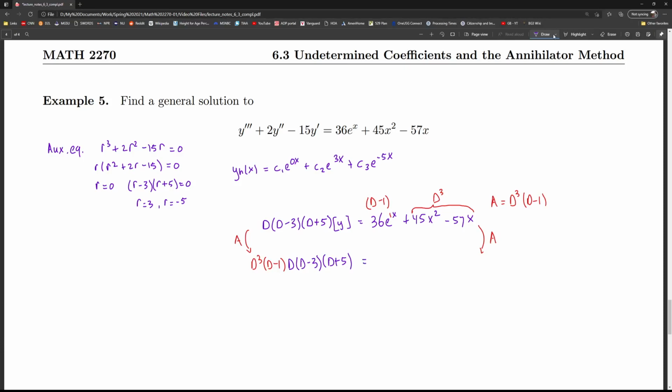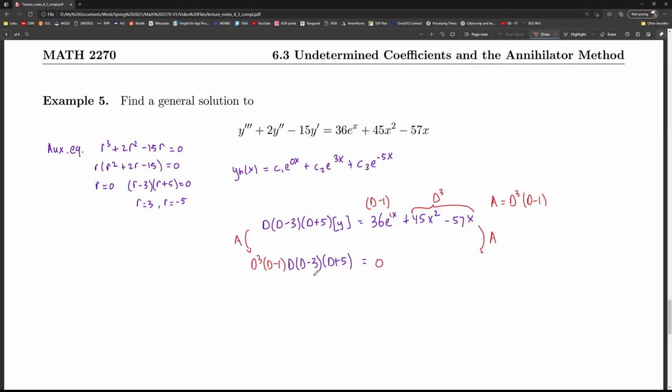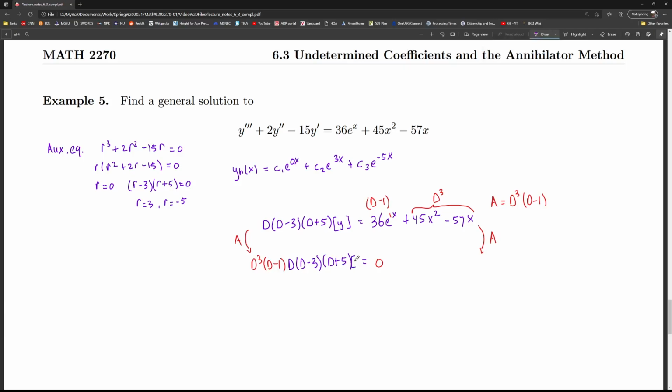And the right hand side, because we used an annihilator, will be 0. So clean this up a little bit. We see a D cubed and a D. That becomes D to the power 4 times D minus 1 times D minus 3 times D plus 5 acting on y equals 0.